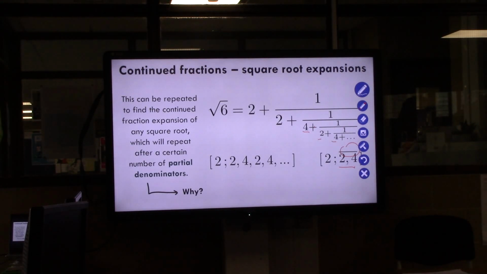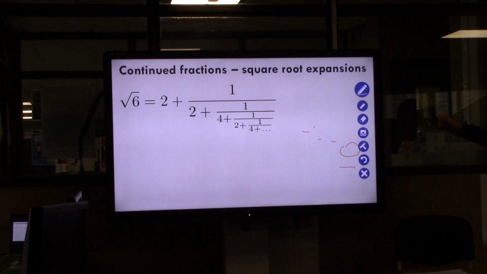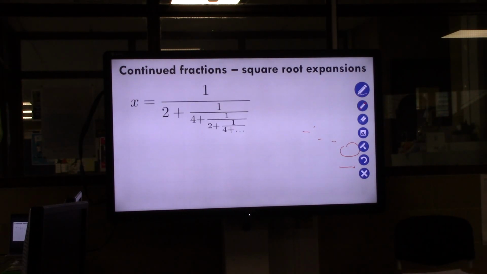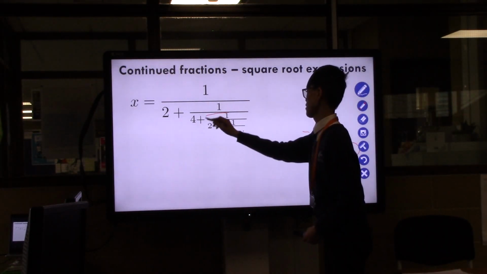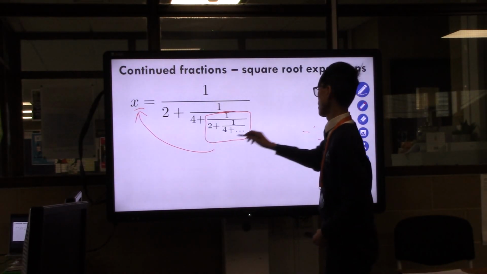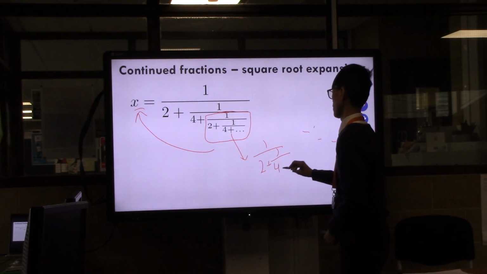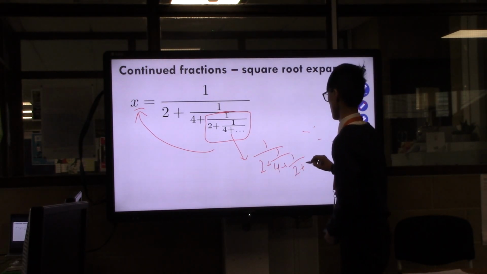And now, just a quick detour into why you can write every square root as a partial, square root expansion. So if we call the root of 6 x, we can see that this part here is also equal to x, because this part is going to still be 1 plus 2 over 1 plus 4 plus 1 plus 1 over 2 plus and so on.